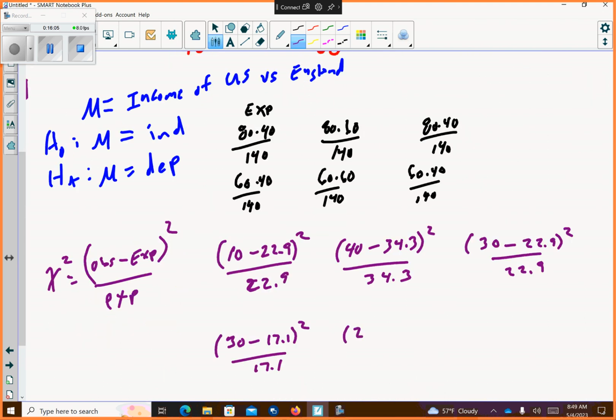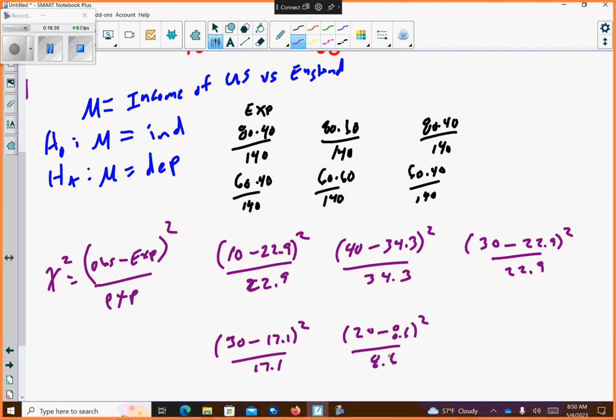So I got 20 minus 8.6 quantity squared divided by 8.6. It's going to give me 15.1.